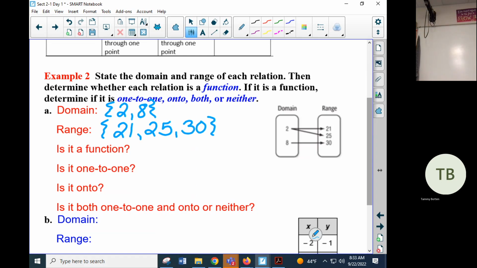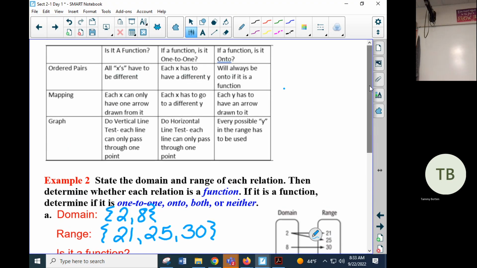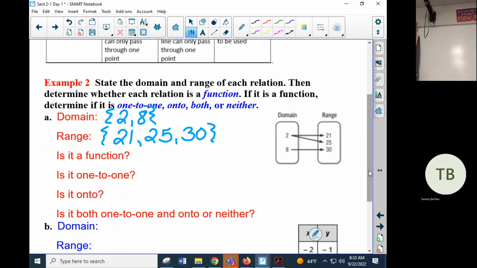For it to be a function, each X can only have one arrow drawn from it. And if you notice right here, the 2 has 2 arrows drawn from it. So then it's not a function. And when it's not a function, then it's not this, and it's not that. So what we would say for that is we could just say no or not a function.